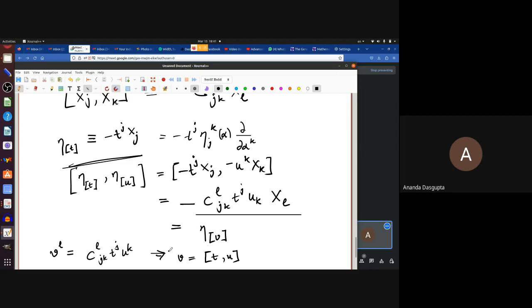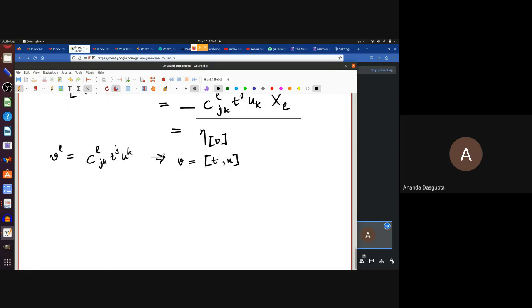So if you have tangent vectors, in other words, what we are saying is with this relation, this will be eta of the bracket t comma u, where the bracket t comma u is the vector v.